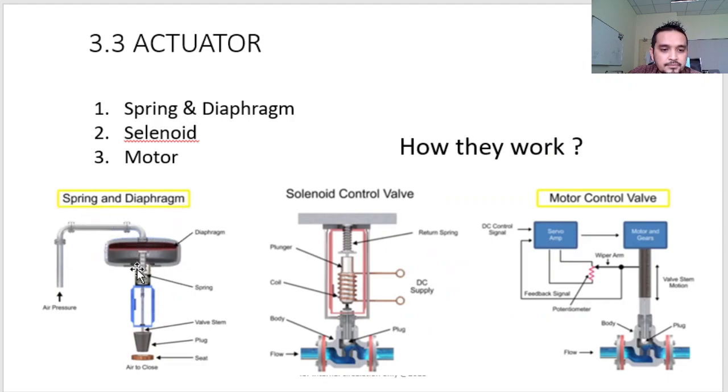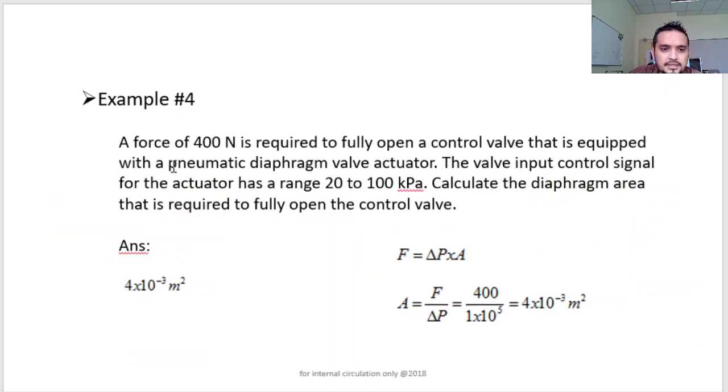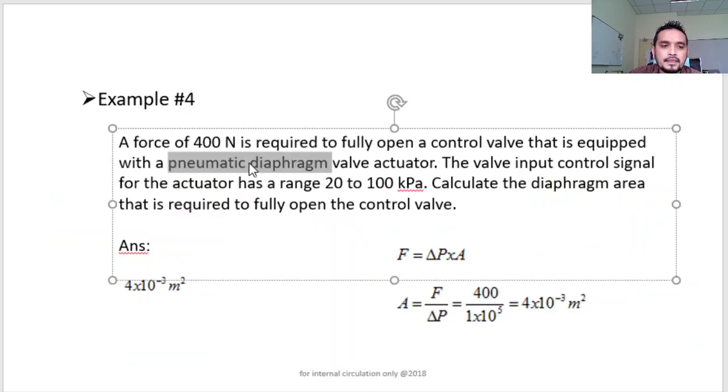We have a diaphragm, we have a spring, that's why we call it spring and diaphragm. But in this worked example, it clearly mentions a pneumatic diaphragm. It means we have a diaphragm, and the way we shift the diaphragm is by using the pneumatic.